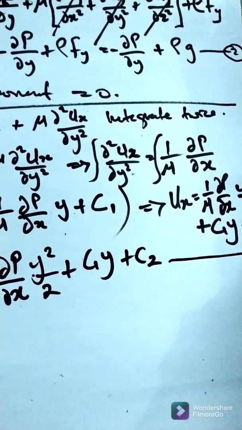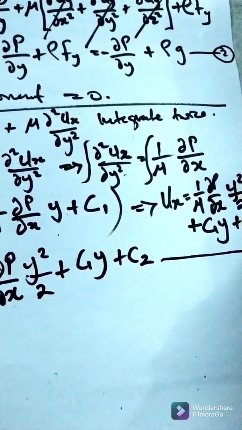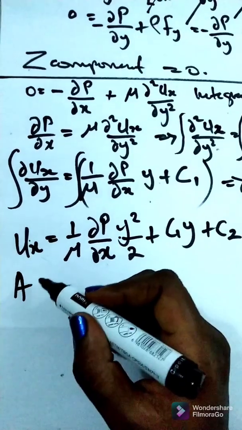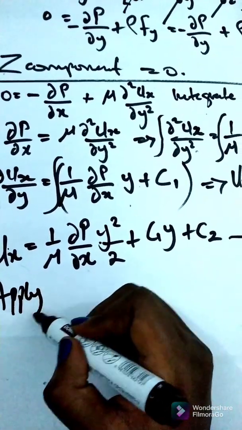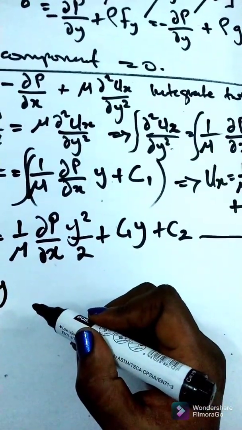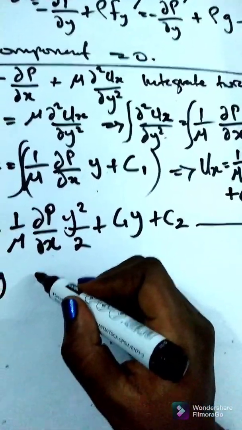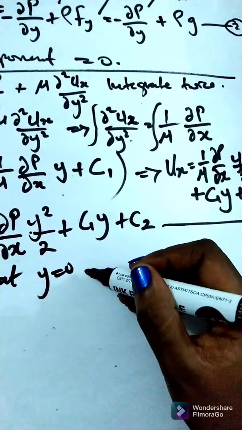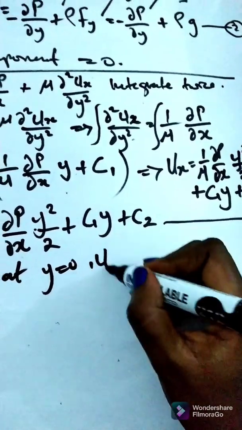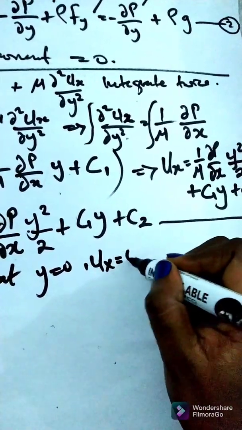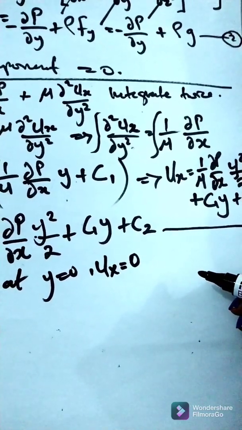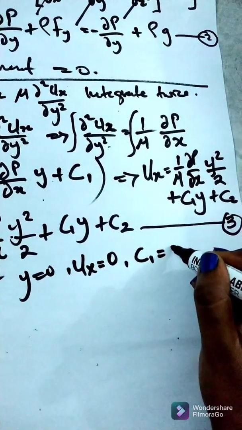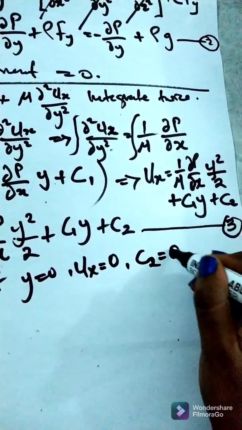Call this equation 3. So applying boundary conditions, when y is equal to 0, ux will be equal to 0, and c2 will be equal to 0.